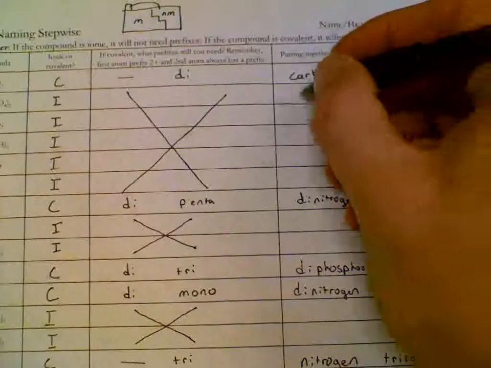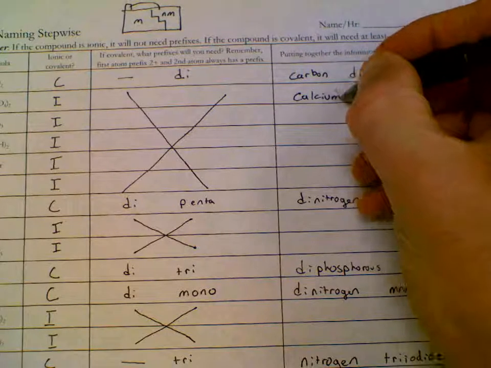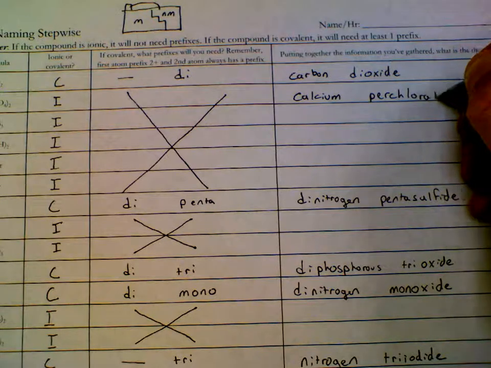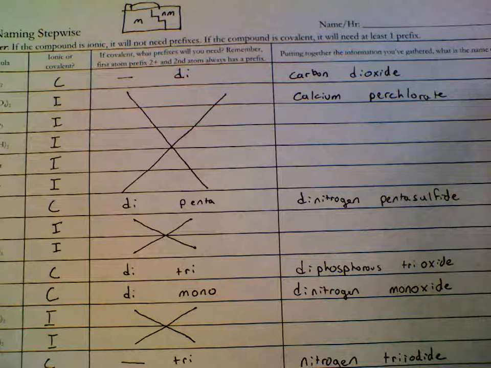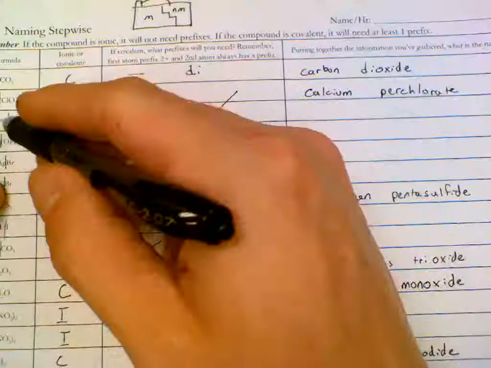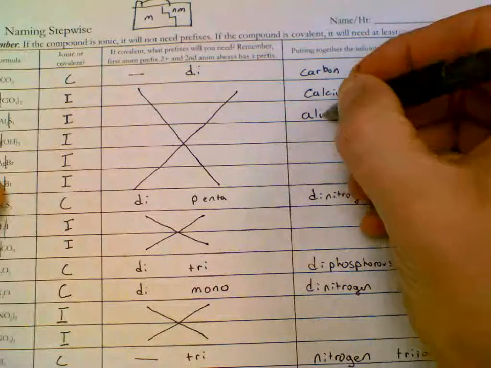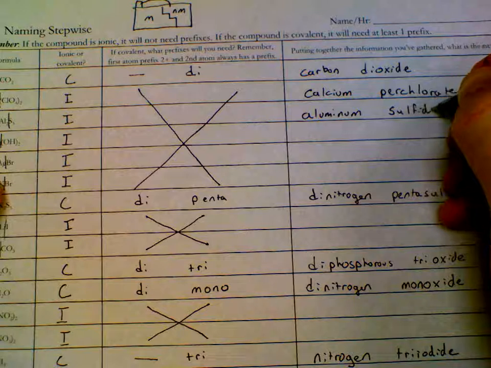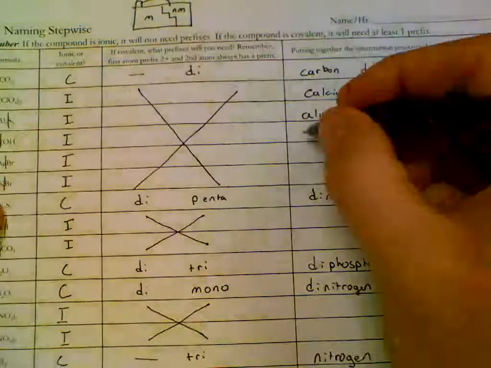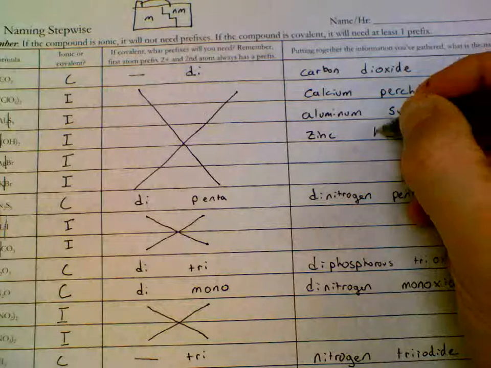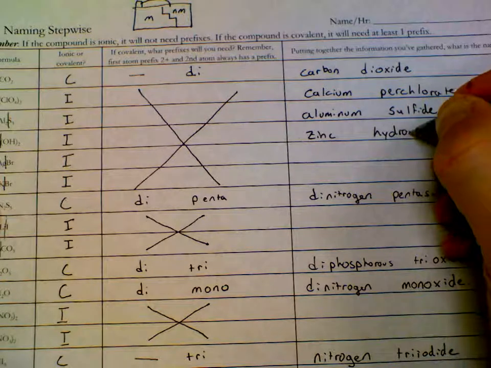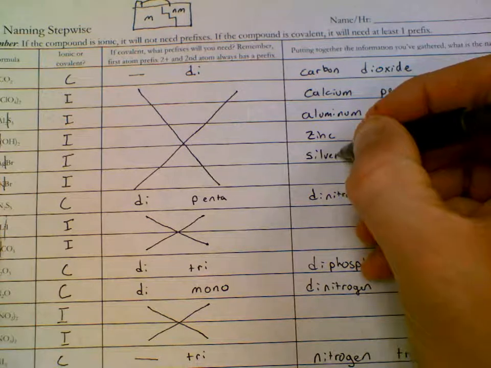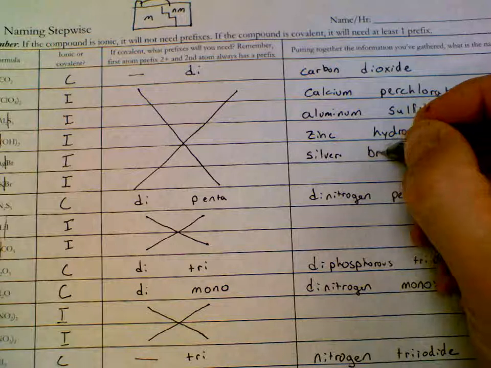So calcium is the first ion, and then ClO4 is called perchlorate. And you either have these ion names memorized, or you look on the back of your periodic table. Al and S, we have aluminum, and S is sulfide. Zn and OH, we have zinc, and we have hydroxide. Ag and Br, we have silver, and then we have bromide.